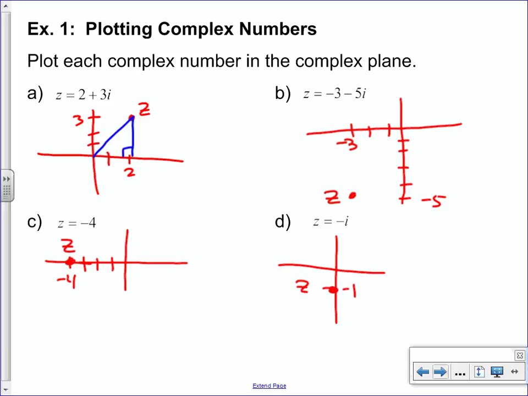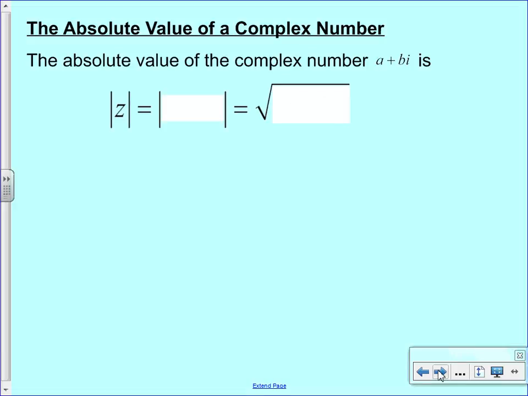Here we go. So the absolute value of the complex number is the modulus, right? So it does mean absolute value. So you're taking the absolute value of a plus bi. And it's just like vectors, trying to find the magnitude of the vectors.